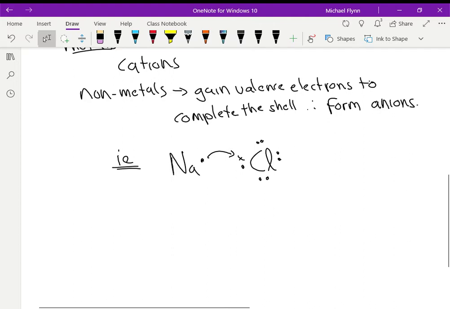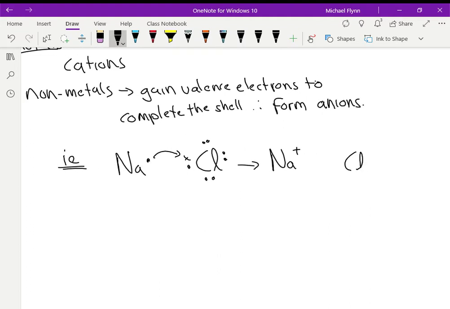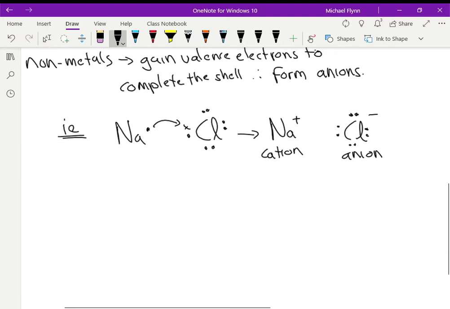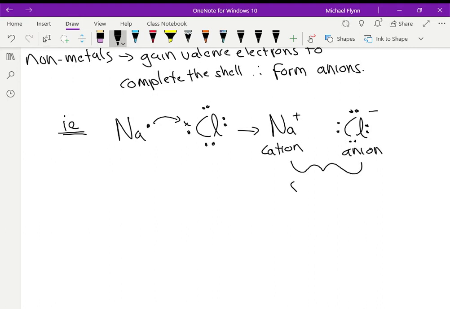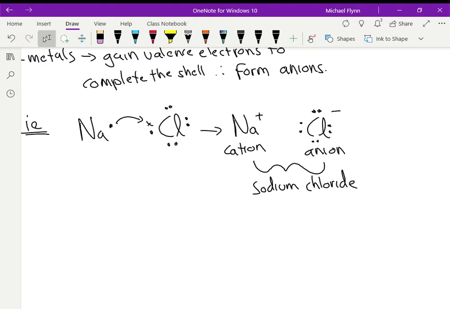The sodium now has a positive 1 charge, and the chlorine, with its full outer shell, has a negative 1 charge. So this is the cation and anion. We call this sodium chloride, an ionic salt.